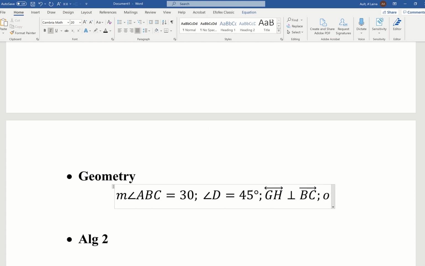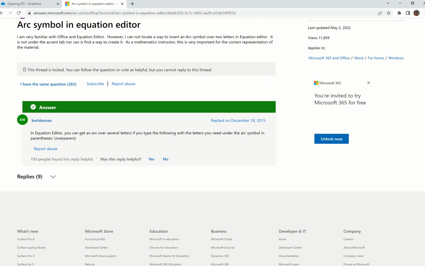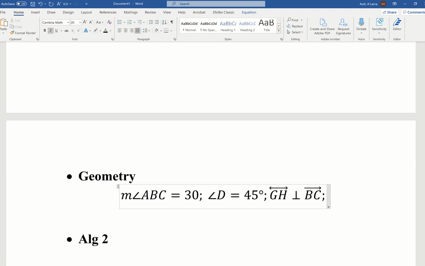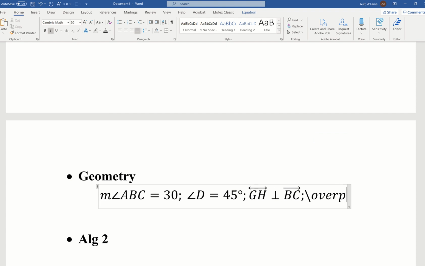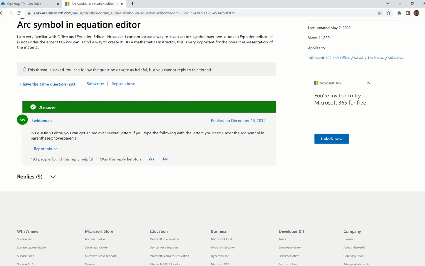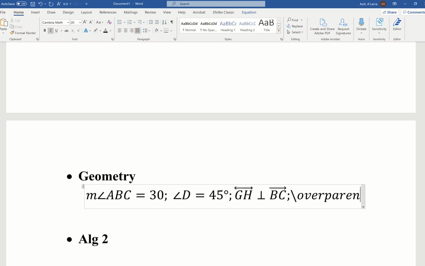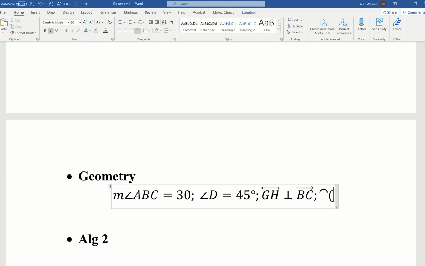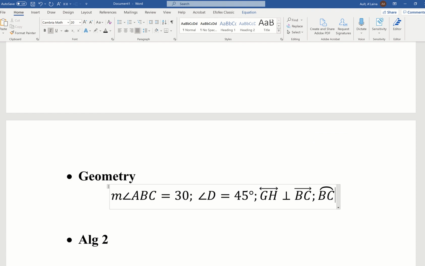I think it was a slash first. This is the backwards slash. So backwards slash over parent, was it over parent? Sorry, evidently the brain doesn't work anymore. Over parent, and then parentheses, BC. There it goes. And that gets you the nice arc symbol.